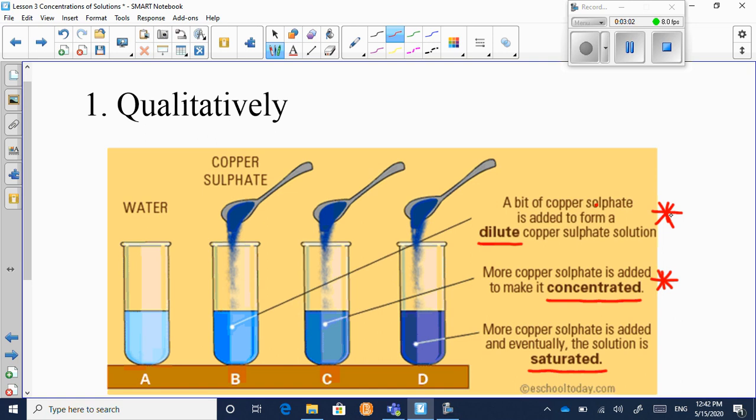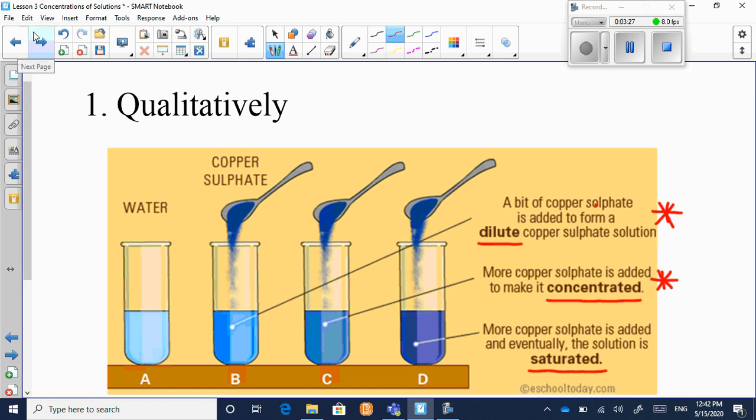You can have orange juice from concentrate, where it's extremely concentrated, almost like a syrup. Then as you add water to it, you make it more dilute. You dilute the orange juice, and so it becomes a little bit less. Dilute and concentrated are these qualitative terms that you can use to describe solutions.